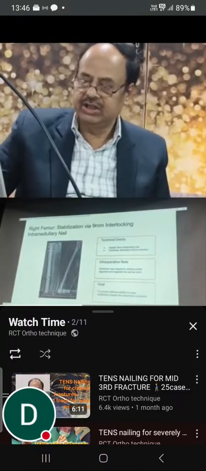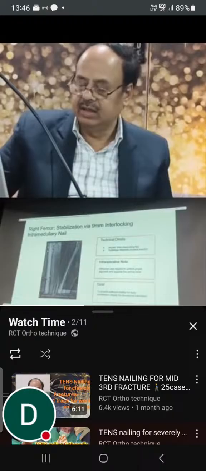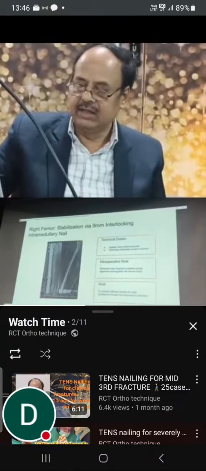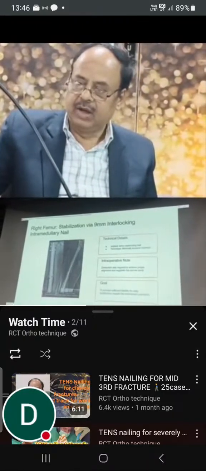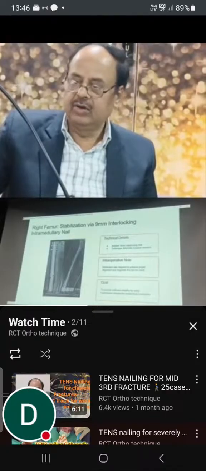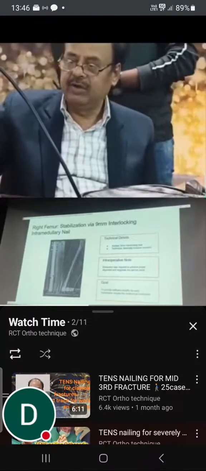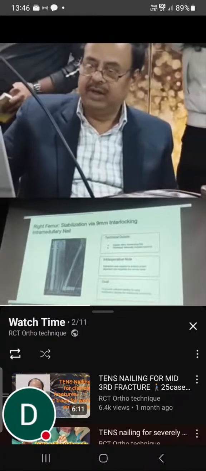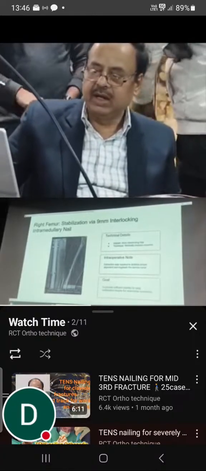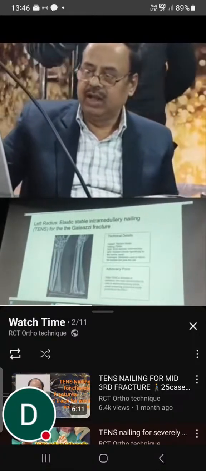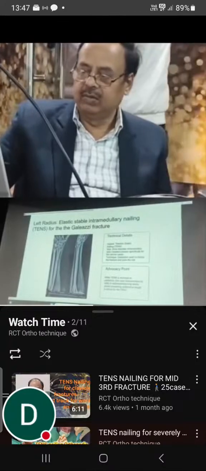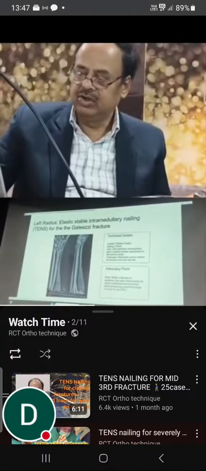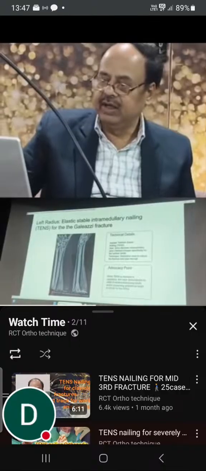So the goal was to provide sufficient stability for early mobilization despite the anatomical constraint. The implant was a 9 millimeter nail and the technique was minimally invasive. Whereas in this left radius, the Galeazzi fracture, we did TENS nailing.